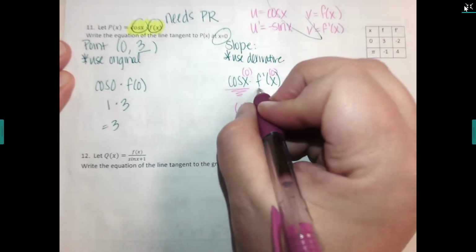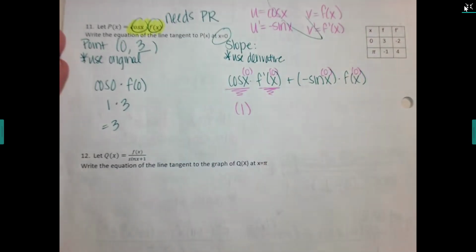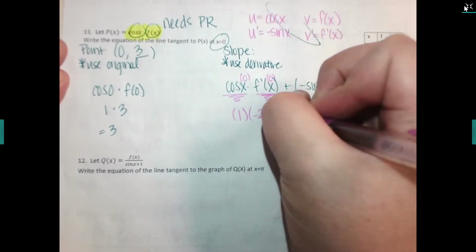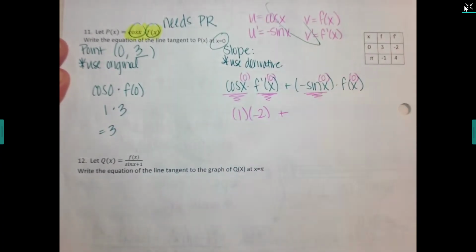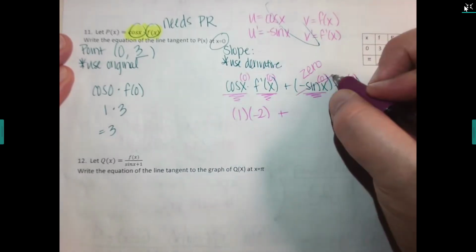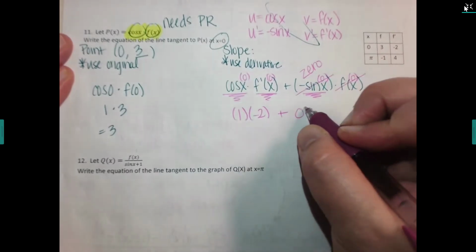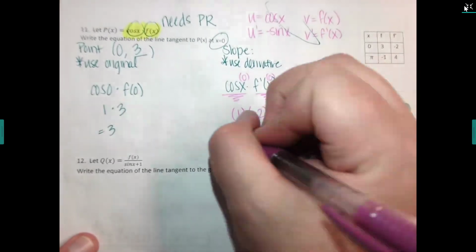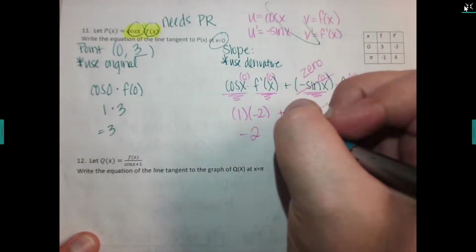What is f prime of 0 using the chart? -2. What is sine of 0? 0. Which means that f of 0 times 3 is going to basically just cross out. So 0 times 3 is 0. Add that to 1 times -2 is -2. That would be your slope.